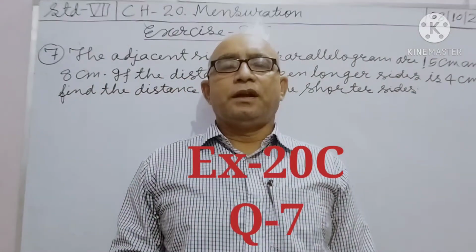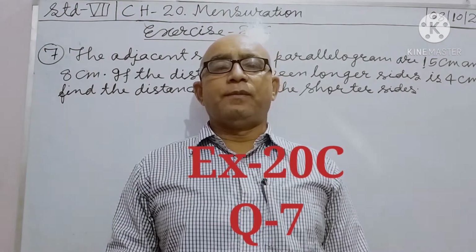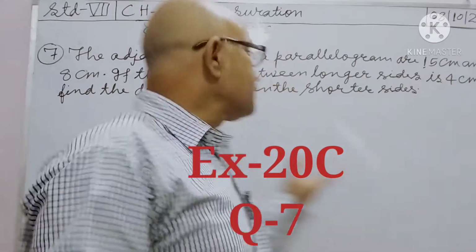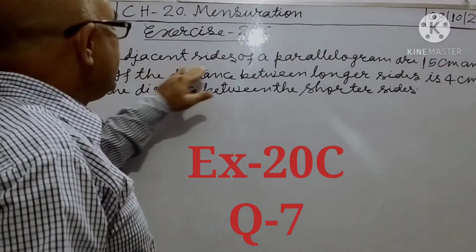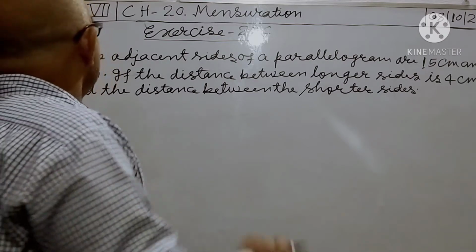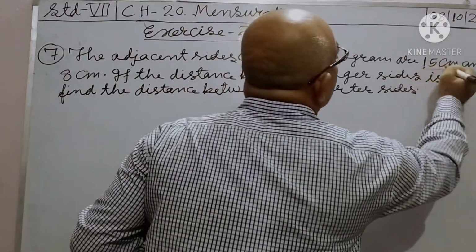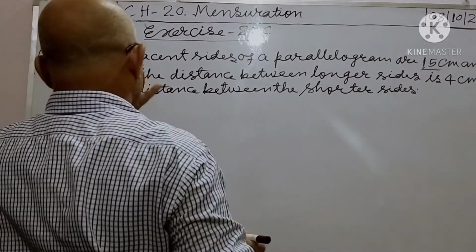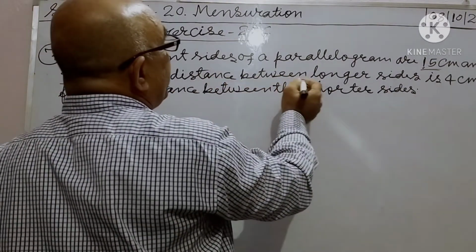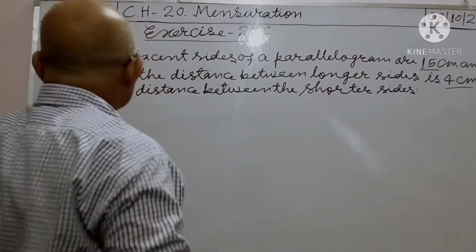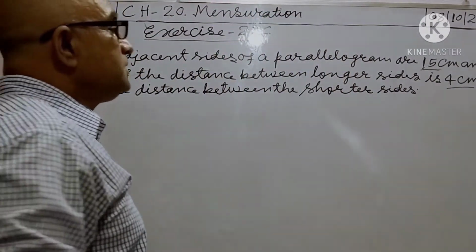Students, next question is question number 7 of exercise 20C. In this question, the adjacent sides of a parallelogram are 15 cm and 8 cm. If the distance between the longer sides is 4 cm, find the distance between the shorter sides.